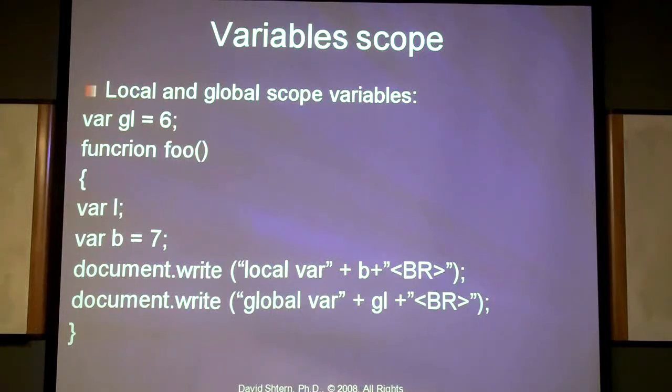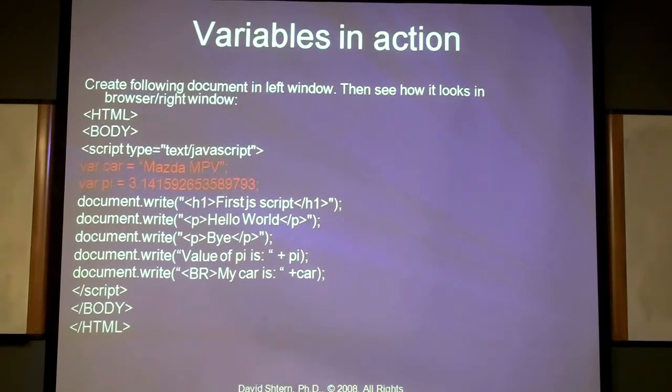As soon as these commands are executed, don't pay attention to that, just ignore it, just before exiting the block, these variables will be completely erased. They will be gone. But the variable GL will exist here, and it will exist after the block is executed, because it's global. That's the difference between local and global ones. They may ask this question in an interview. I've seen that several times, so that's why I put this variable. But again, don't pay attention to the code. We are not there yet.